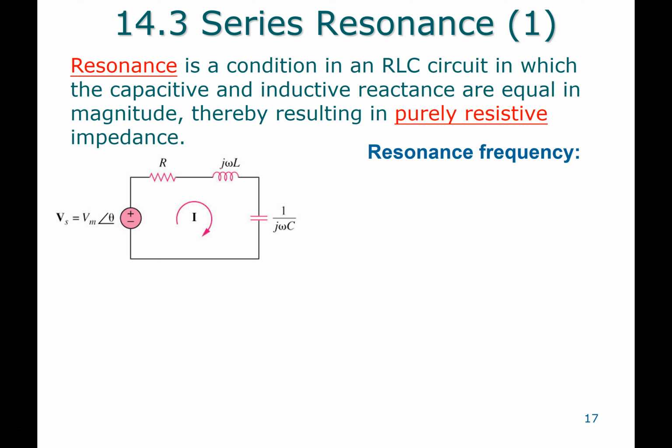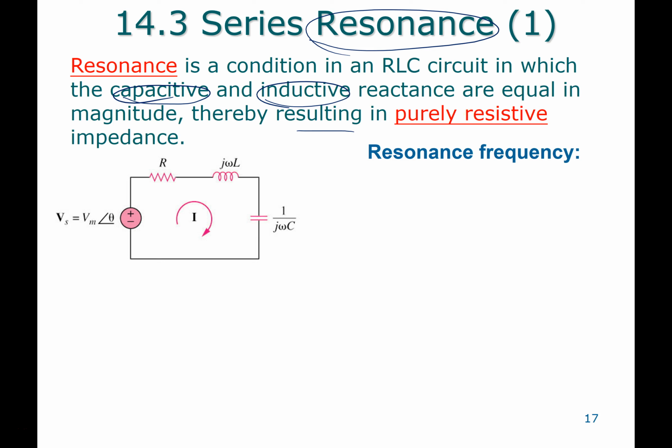The thing about resonance is when you have two energy storage devices, it's essentially like a bandpass filter, but they'll resonate, they'll ring at certain frequencies. The resonant frequency takes place when the capacitive ZC and the inductive ZL are equal in magnitude and opposite, thereby resulting in a purely resistive impedance.